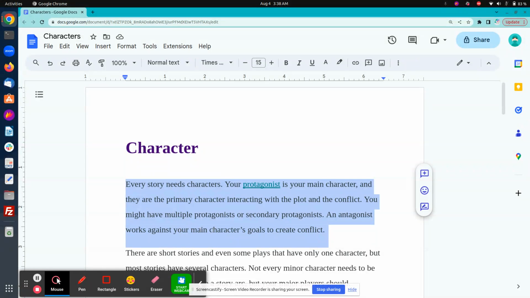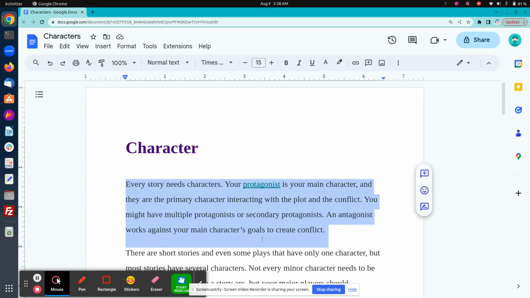You might have multiple protagonists or secondary protagonists. All right, so in the story, it is not solely important to have only one character. There can be more characters, secondary protagonists. That means an antagonist works against your main character's goal to create conflict or to create tension.